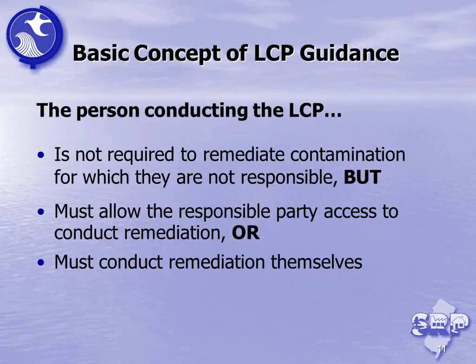Often, who is going to conduct remediation at any particular site along a linear construction project is figured out ahead of time. It's done generally by agreement between the linear construction entity and the property owners or the responsible parties during the planning of these projects.